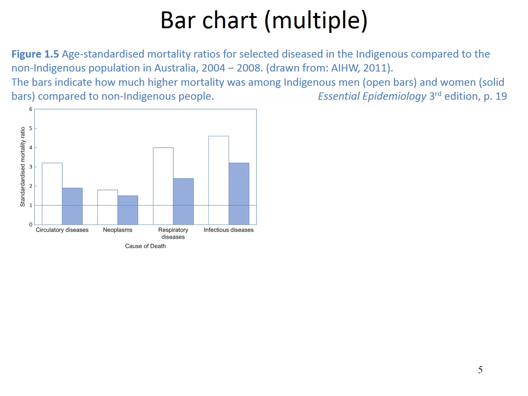Along the x-axis, the white bar with blue outline is Indigenous men, and the solid blue bar is Indigenous women. You can see that for each of these 4 diseases, the standardized mortality ratio is much higher in Indigenous men and women compared to non-Indigenous people.